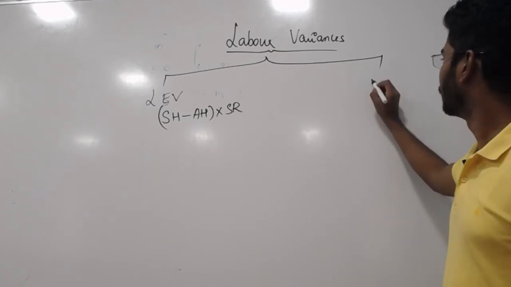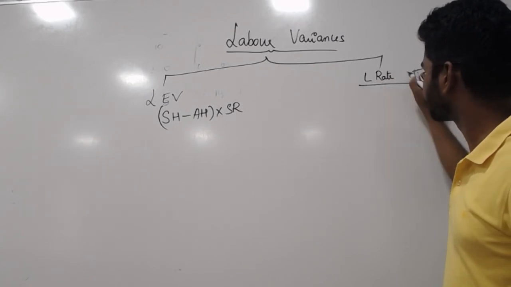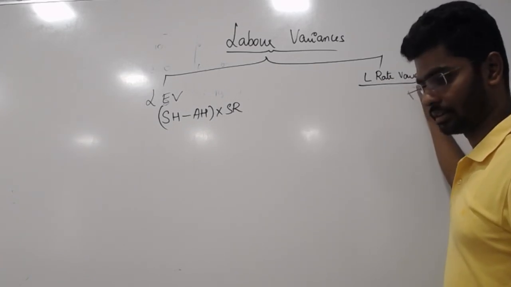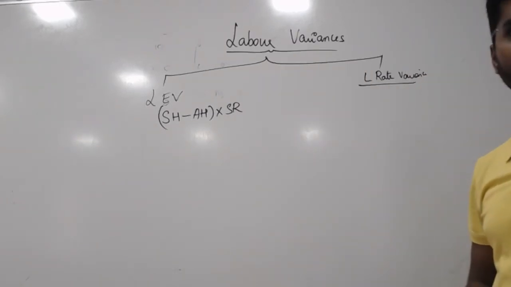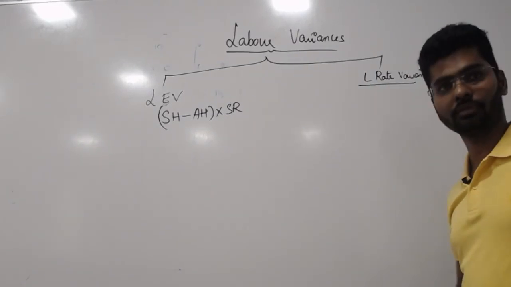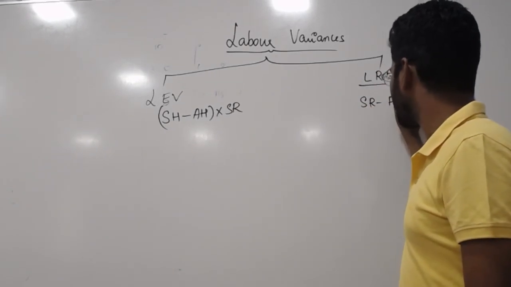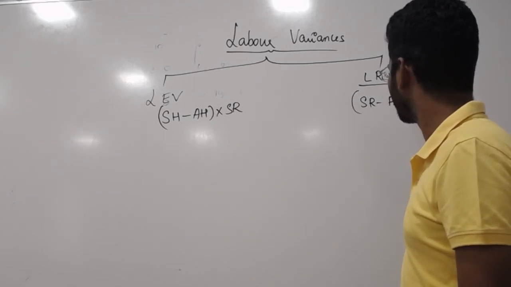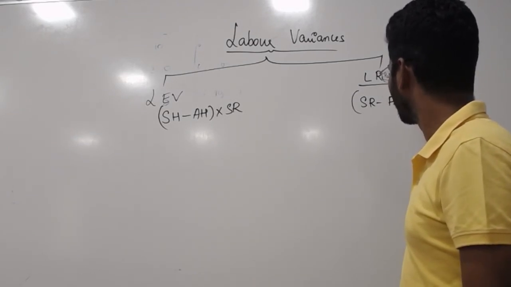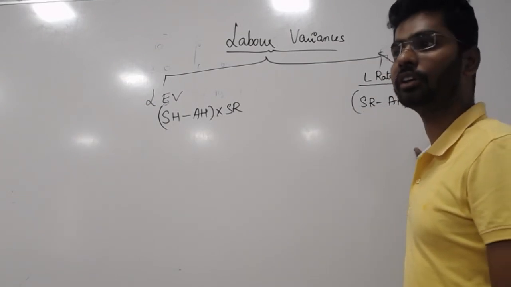Fine. Then labor rate variance. What is going to be a labor rate variance? Standard rate minus actual rate into actual hours. Whenever it is about money, it is about actuals.